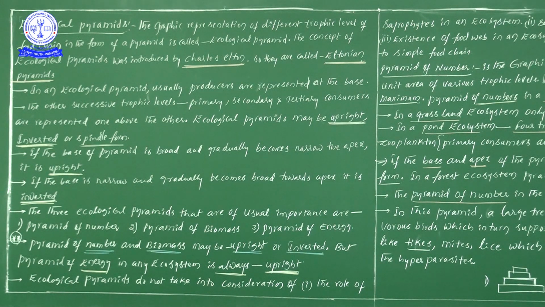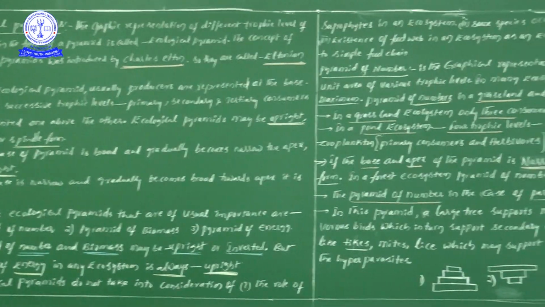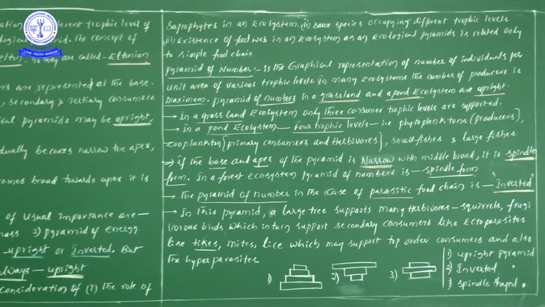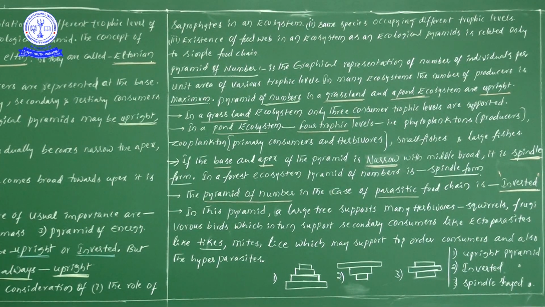That's why the pyramid of energy in any ecosystem is always upright, but the pyramid of number and the pyramid of biomass may be upright or inverted. My dear students, this is a very, very important point, so try to save it in your mind.